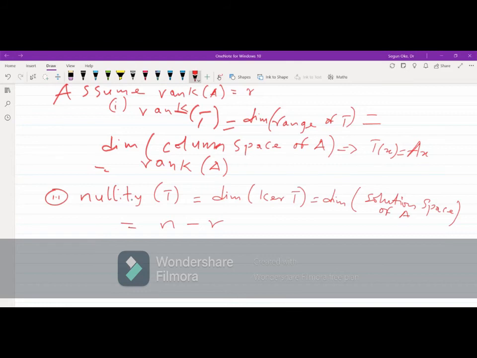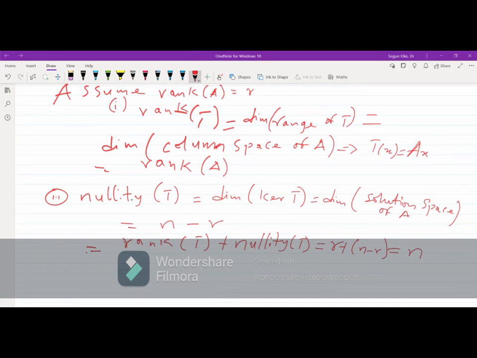By the time you take it to the other side, the rank of T plus the nullity of T equals r plus n minus r, which is equal to n.